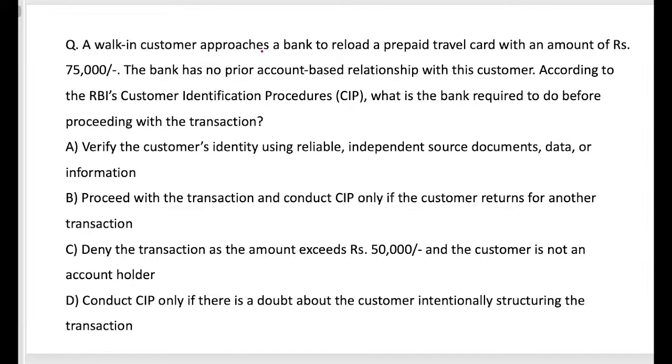A walk-in customer approaches the bank to reload prepaid travel cards. The value is 75,000. So it is customer identification procedure. What will be the action taken by the banker?